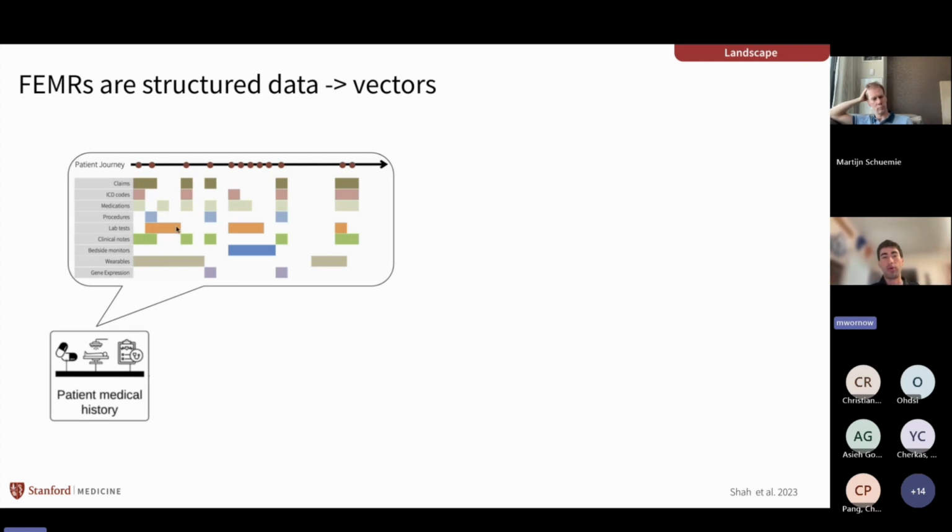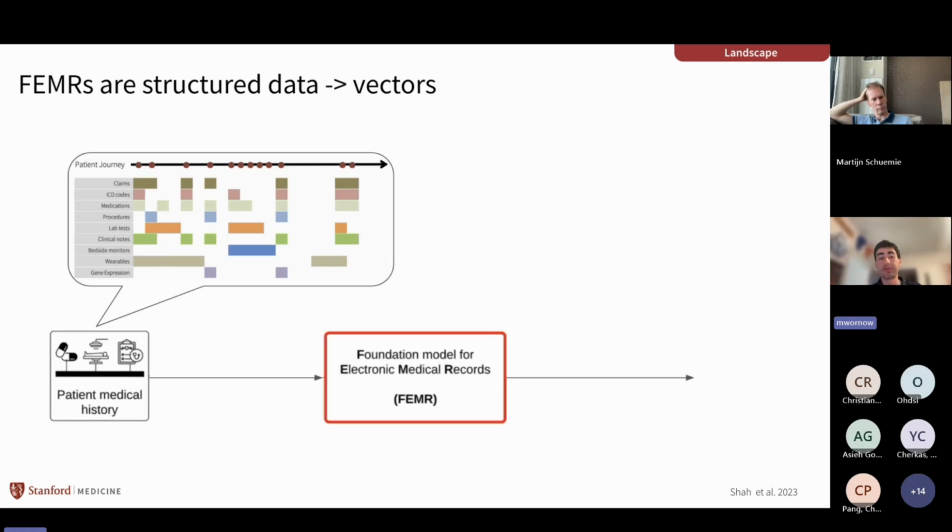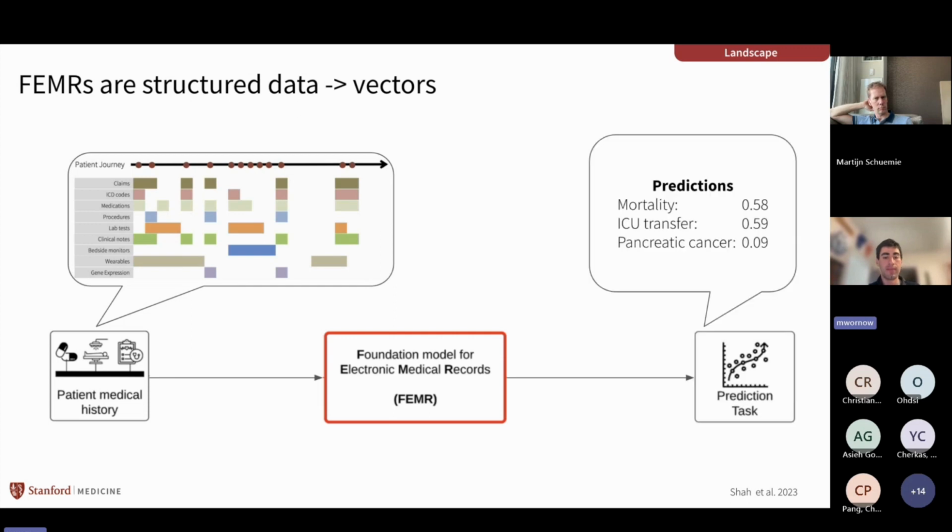Basically, this is your whole EHR, a timeline of things that happen to you. You feed this information through a FEMR, and the output is a learned representation for a patient. Think of it as a vector of numbers, a 786-dimensional vector, that somehow summarizes the state of the patient.